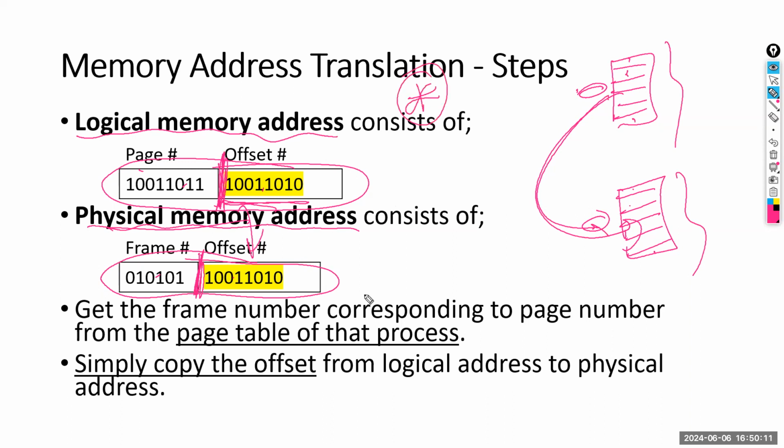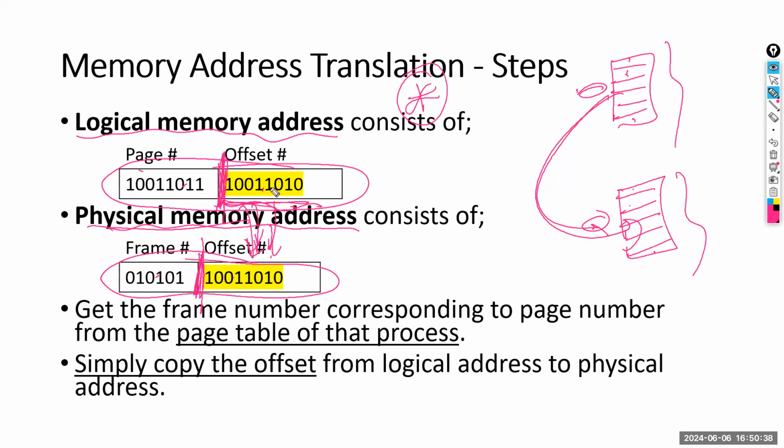When you do the translation, if you know where the separation point is, the left hand is the page number and the right hand is the offset. In physical, the left hand is the frame number and the right hand is the offset. To calculate the physical memory address, just copy the offset bits from the logical memory address to the physical memory address.